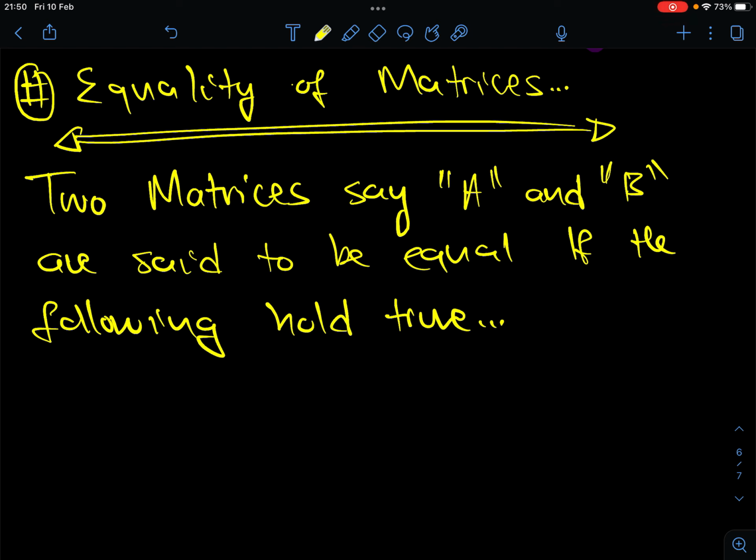So when do we say two matrices A and B are equal to each other? When this is the case.